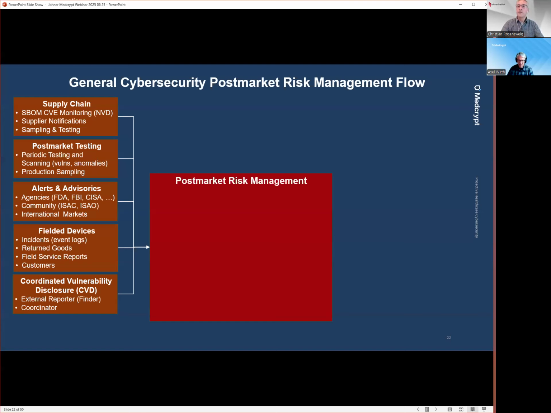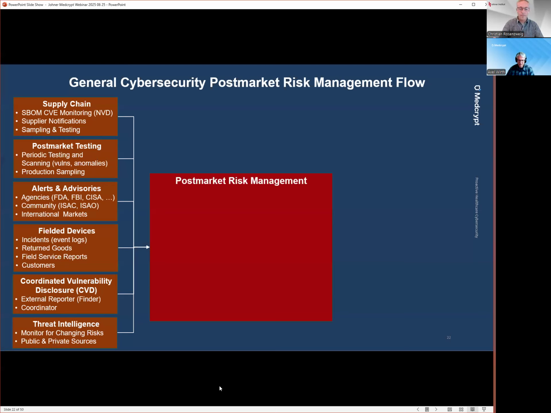And the CVD process then identifies how an external entity can submit a vulnerability to you, but also how you will process that vulnerability as part of your overall post-market management plan. And then lastly, threat intelligence. Look for changing risks. Is the threat landscape changing?